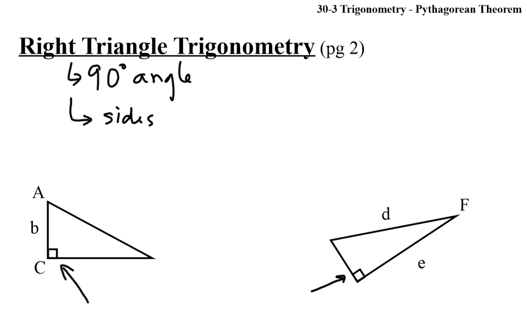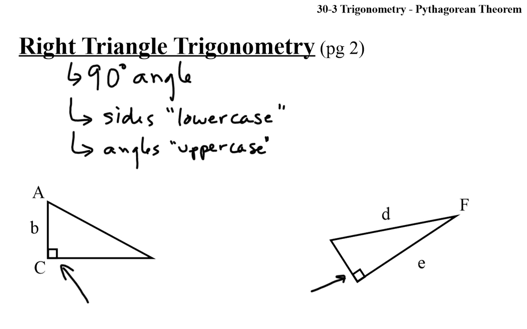Sides are always labeled lowercase, whereas angles are always labeled with an uppercase letter. But besides that, the other important part is that opposite angles and sides are labeled the same.